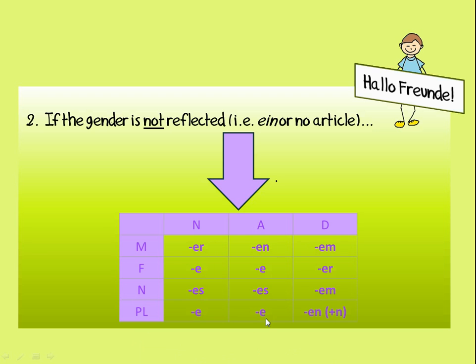In the accusative, everything else stays the same, and just as you might have guessed, in the dative we use the dem, der, dem, den endings from our definite articles and stick them at the end of the adjective. So this is pretty simple because this is stuff that you really already know.